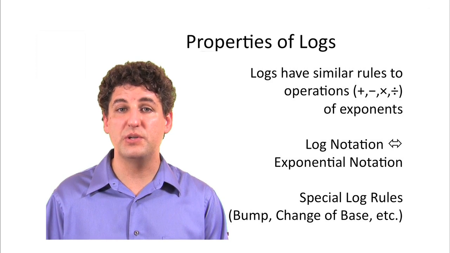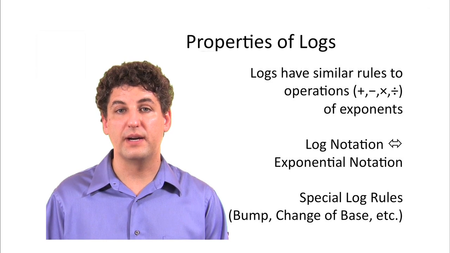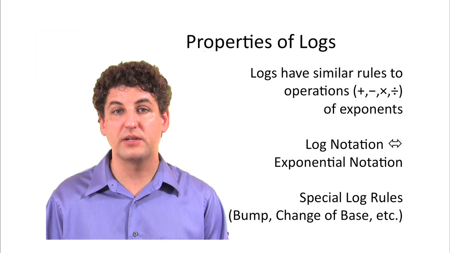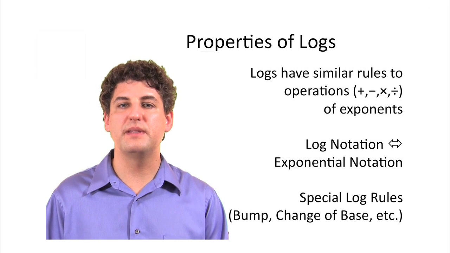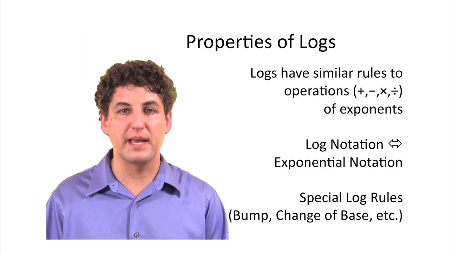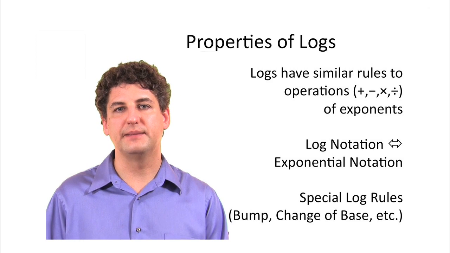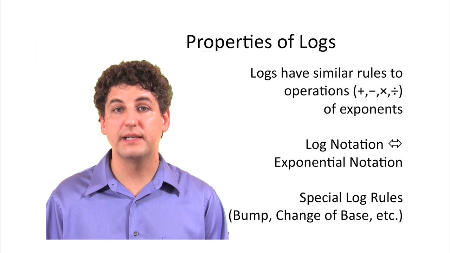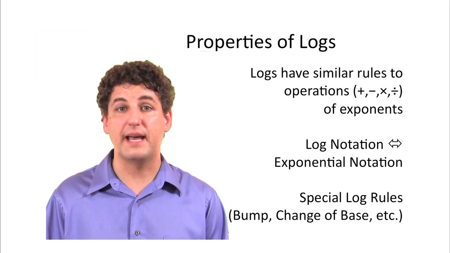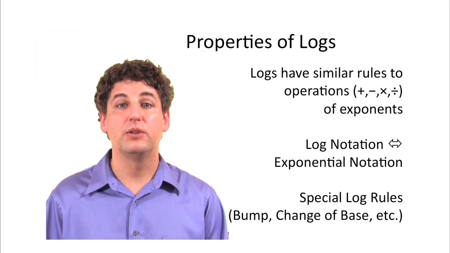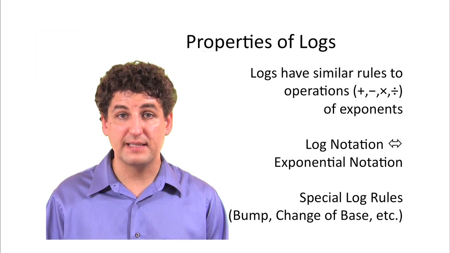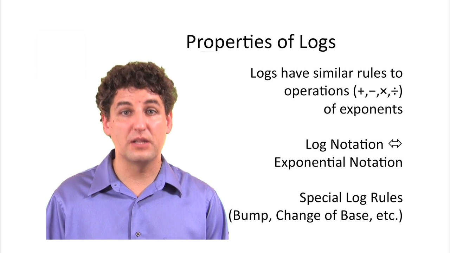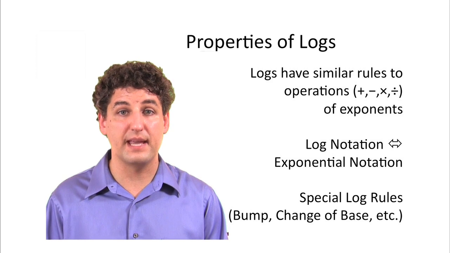Also pay attention to things like the bump rule, where you're converting between exponential and logarithmic notation, and other rules like the change of base rule, and the one where you take the log of a number to that same base, for example log of 10 to base 10. Pay attention to those kinds of situations and what they mean.